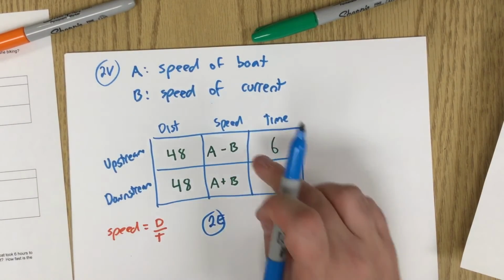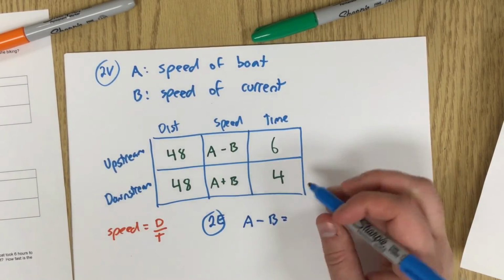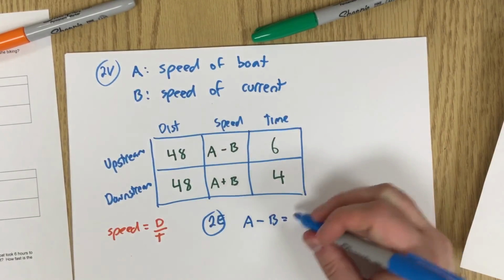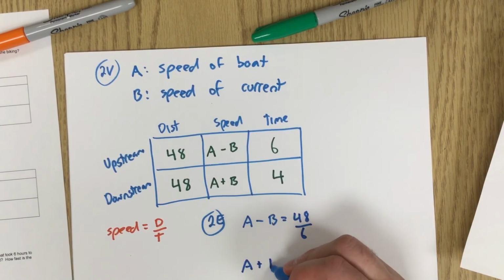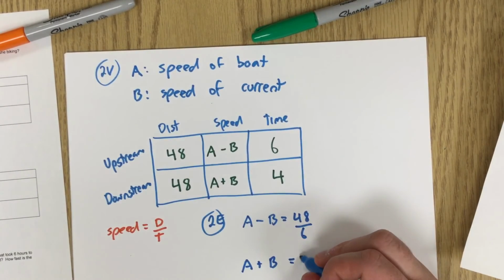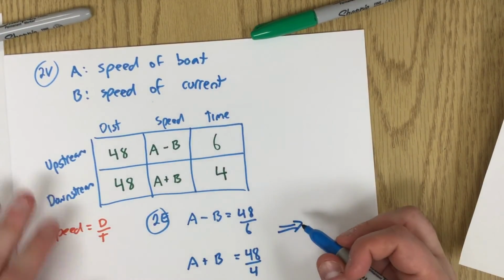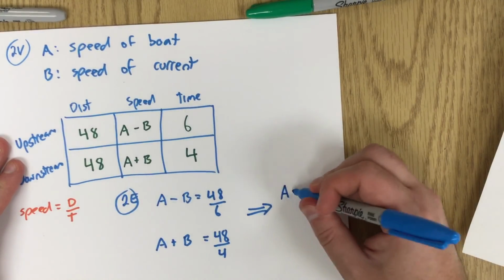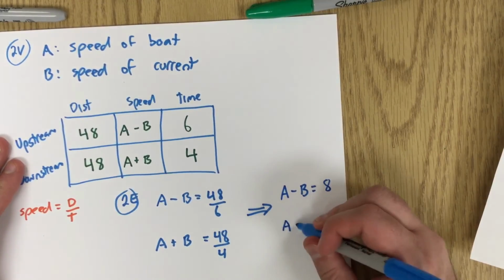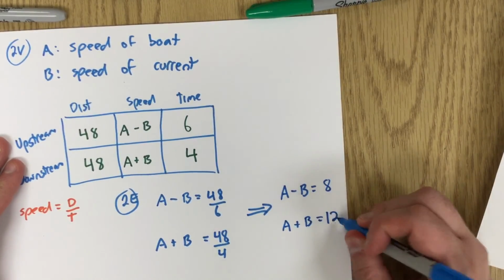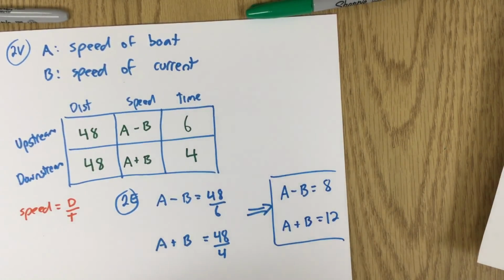For upstream, the speed, which is A minus B, equals the distance over the time. And the other equation is going downstream, the speed is the distance over the time. Or if I wanted to write it in a slightly prettier way, I would say A minus B equals 8, since 48 divided by 6 is 8, and A plus B is 12. And those would be two equations, and that would be really nicely set up for elimination. And that's it.